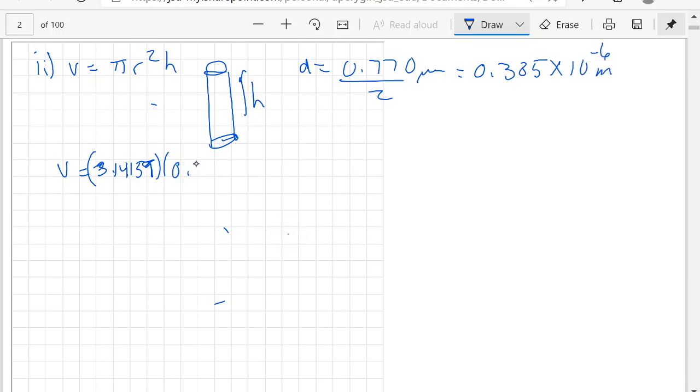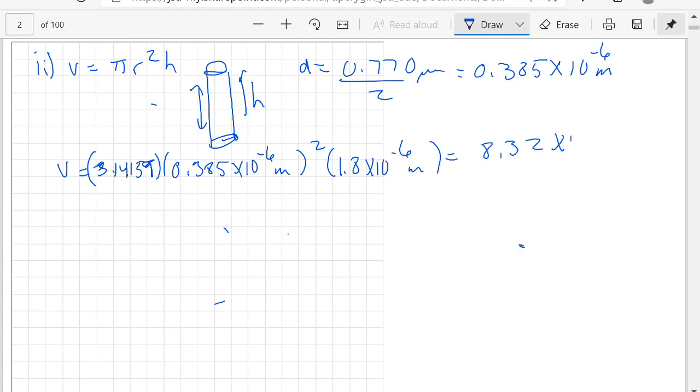So that's 0.385 times 10 to the minus 6 meters, squared, times 1.8 times 10 to the minus 6 meters, and that was our height, which is the length of the E. coli cell. And so that is going to give us 8.382 times 10 to the minus 19 cubic meters. And that is a unit of volume.